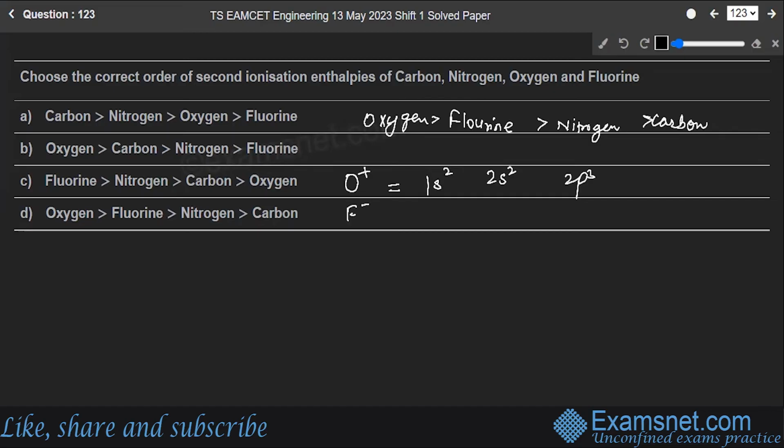And for fluorine, this is 1s2, 2s2, 2p4, and for nitrogen, carbon, 1s2, 2s2, 2p2, and 1s2, 2s2, 2p1.